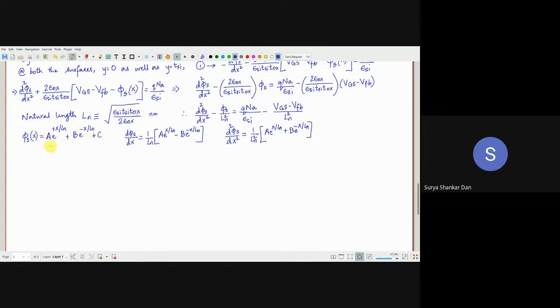Now, if you come back to this equation, this implies a e to the power of x by ln plus b e to the power of minus x by ln will be equal to phi s minus c, correct? So that is something which I'll write here. So that becomes 1 upon ln square, instead of this one, I'll write phi s minus c.